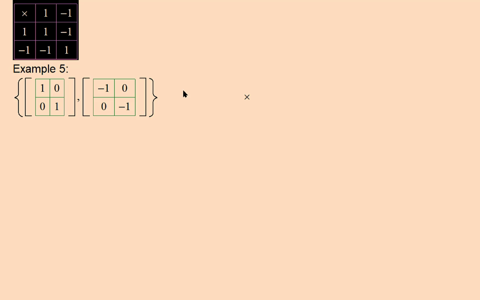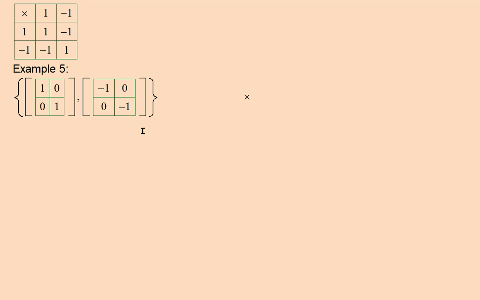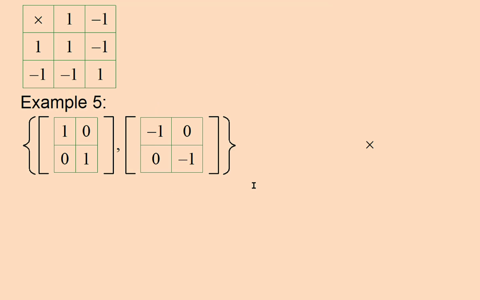I hope this is visible well. This is a subset of, remember we called M2R as 2 by 2 matrices over the set of real numbers.